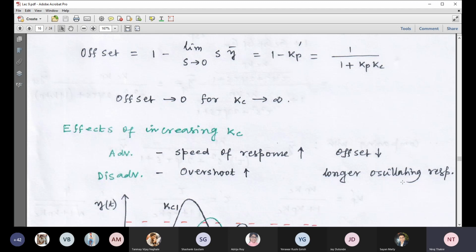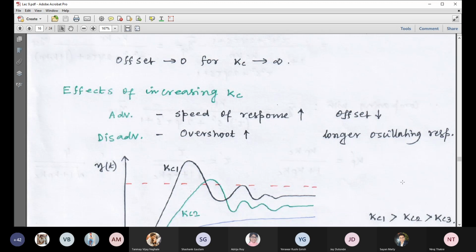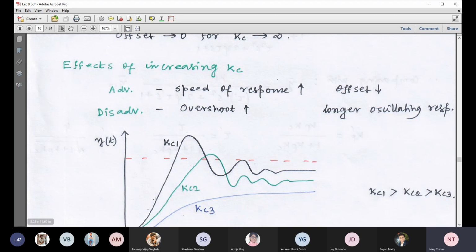Now you see what are the effects of increasing Kc. These are the effects. Speed of response increases. Speed of response means that it is reaching faster.